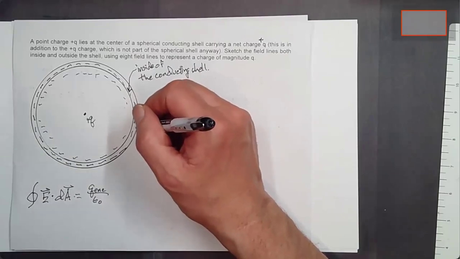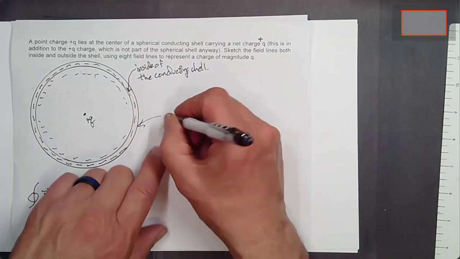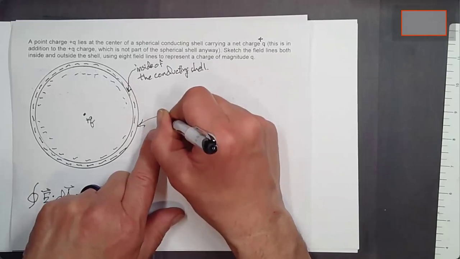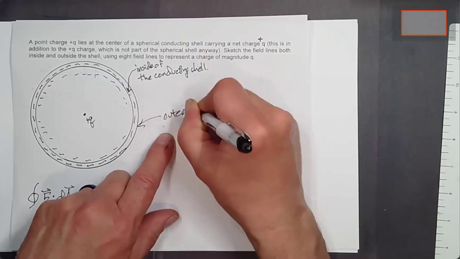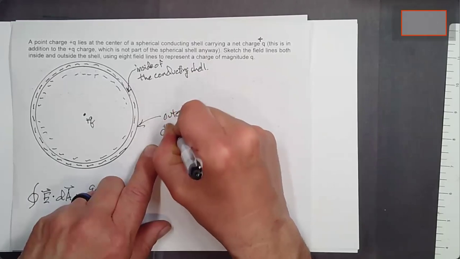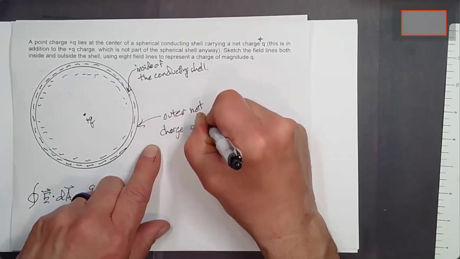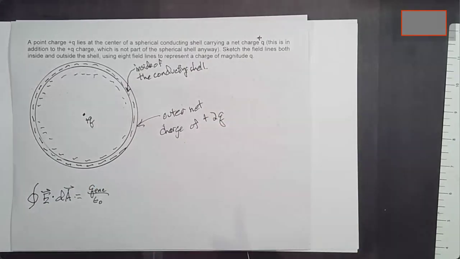After subtracting a charge minus Q from it, the outer surface is going to have a net charge of plus 2Q. So that's what we happen to have in that case.